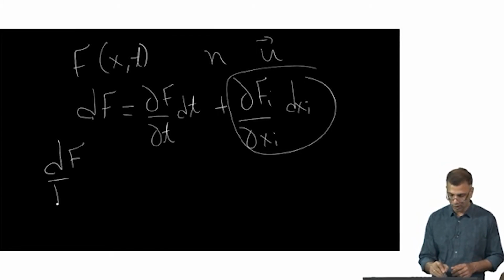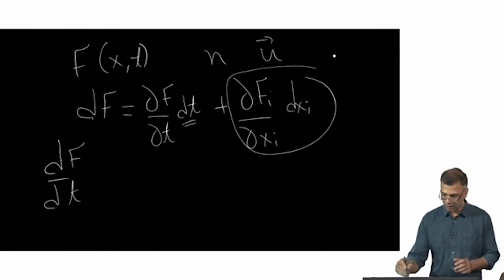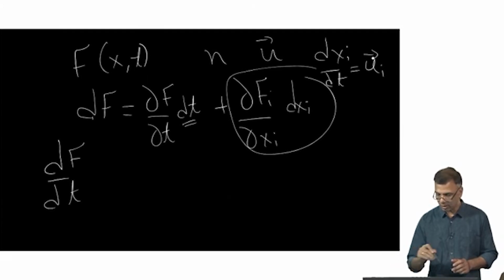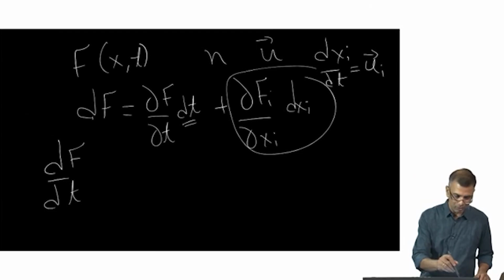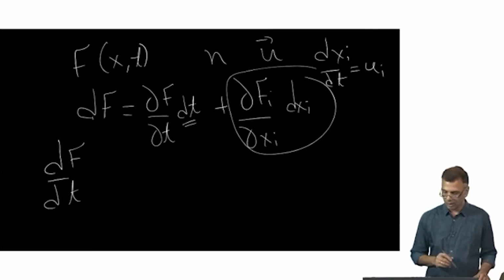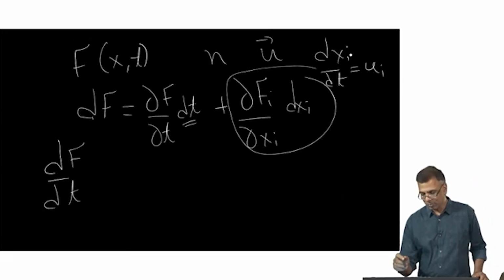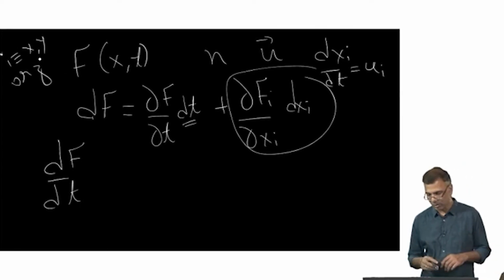So this dt goes away, and this dxi dt is nothing but the velocity. Since I'm writing an i, there's no need to assign a vector sign here. And this i can be x, y, or z, as the case might be.